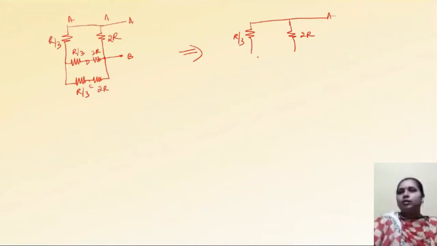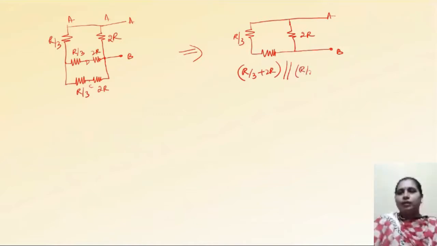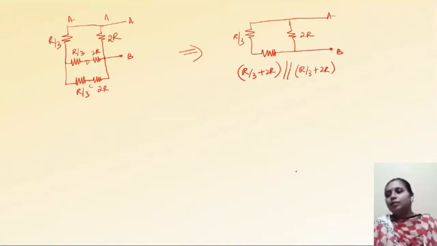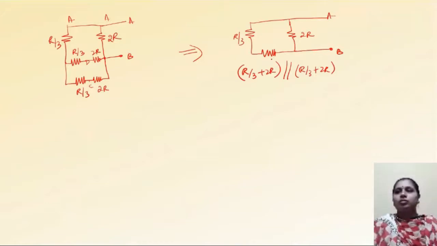Now here we are going to get one resistor whose value is R by 3 plus 2R in parallel with R by 3 plus 2R. This is the value of this resistor.